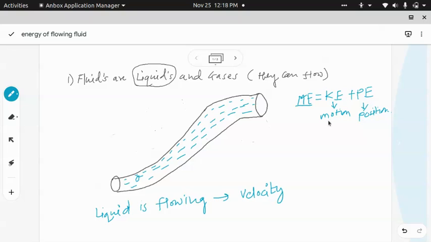So kinetic energy is due to motion and potential energy is due to position. Here the liquid is flowing, so it has velocity.